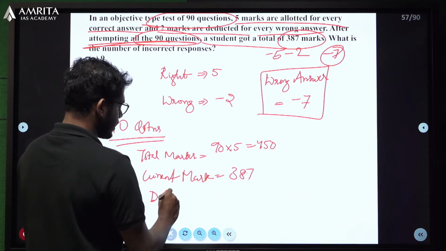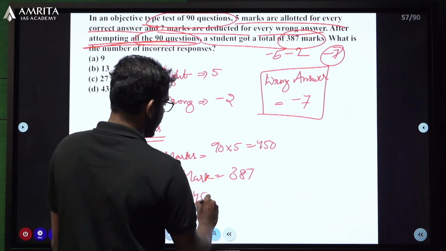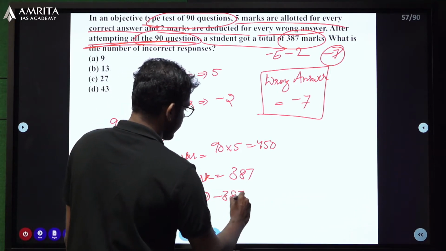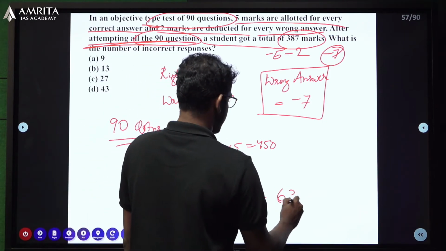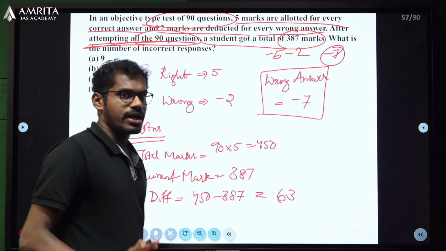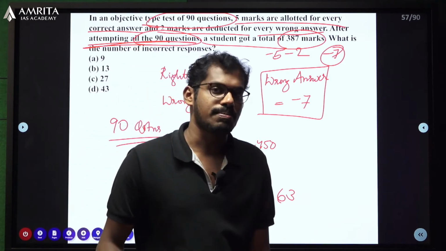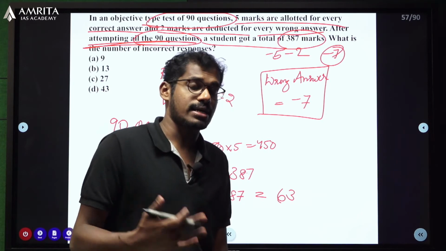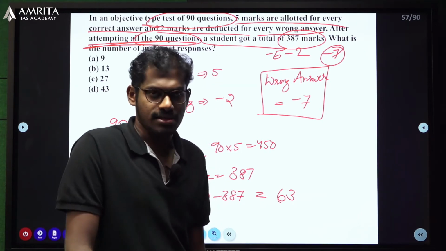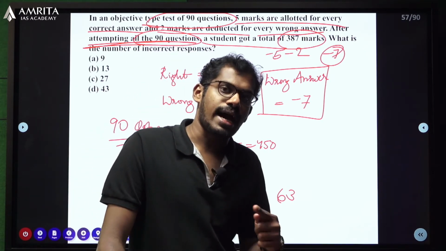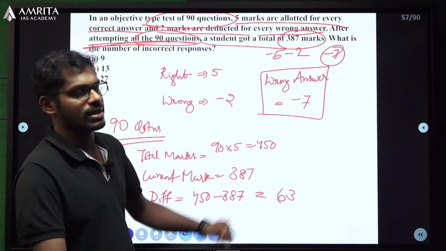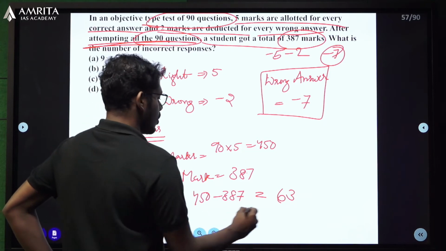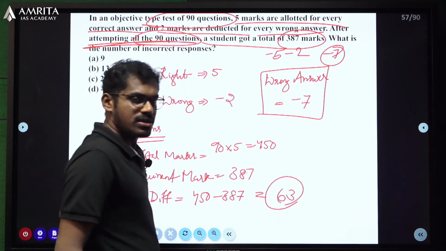So the difference is 450 minus 387, which is equal to 63. So the student lost 63 marks by marking wrong answers, and each wrong answer carries minus 7 marks from the total 450. So the student lost 63 marks.